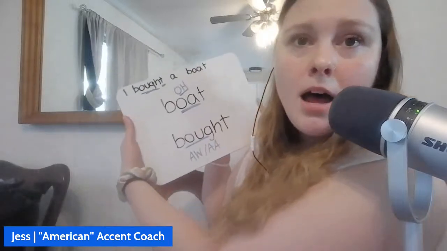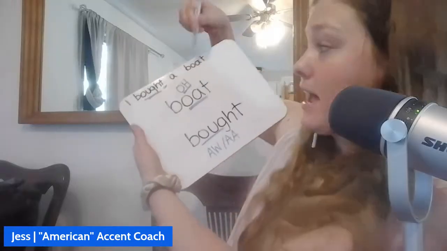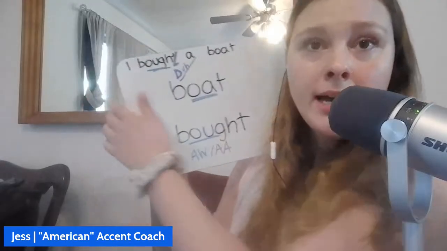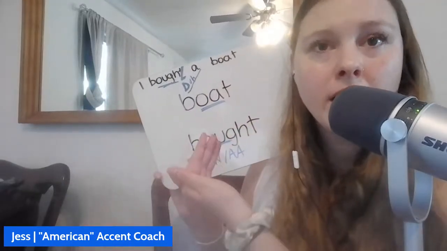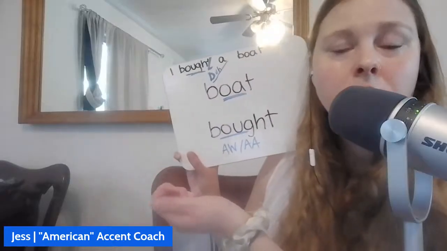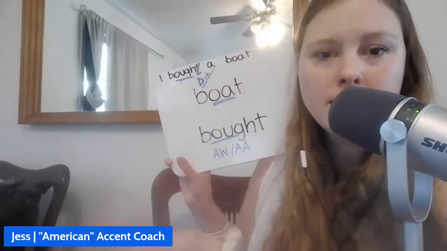But in connected speech, because it's a vowel before the T and another vowel sound after, this is going to turn into a fast D, which is a flap T. So "I bought a boat" turns into "I bought a boat." Again, this is connected speech.